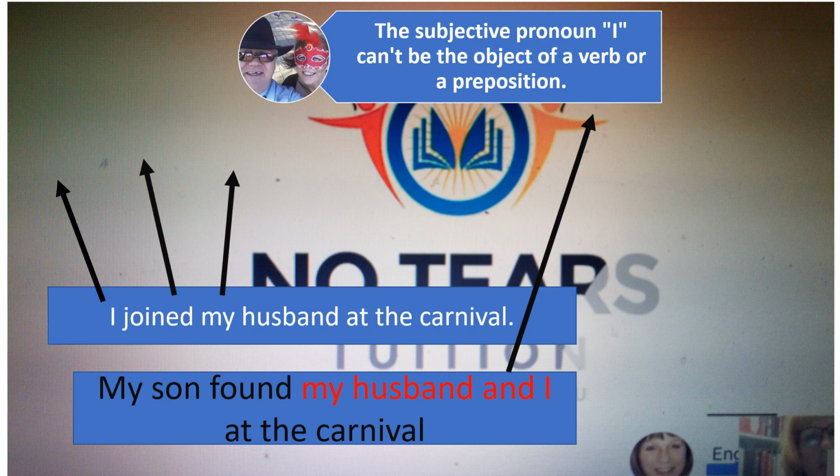So what do we need to do about that? Yes, change the use of the personal pronoun after the verb. So the correct way to write is: my son found me and my husband at the carnival. Well done.